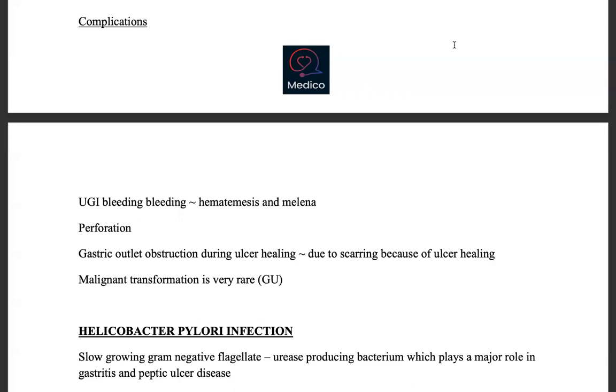Sometimes when there's an ulcer, it repeatedly heals and there's a lot of scar tissue formation. And then there will be a gastric outlet obstruction. In rare cases, gastric ulcers can transform into cancers, gastric carcinomas.